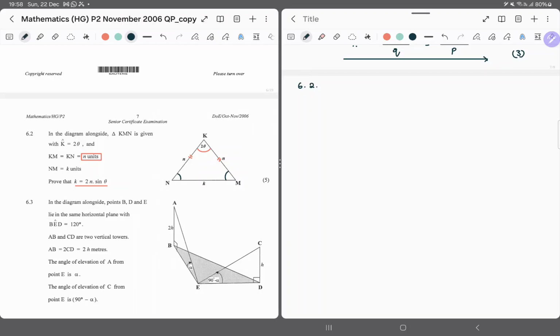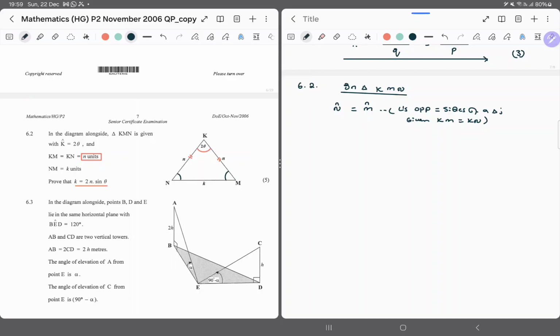Easy. Annotate the diagram. Can you see this is 5 marks? We need to say some things. In triangle KMN, we know that angle N must be equal to angle M. These are angles opposite equal sides of a triangle, given KM is equal to KN.